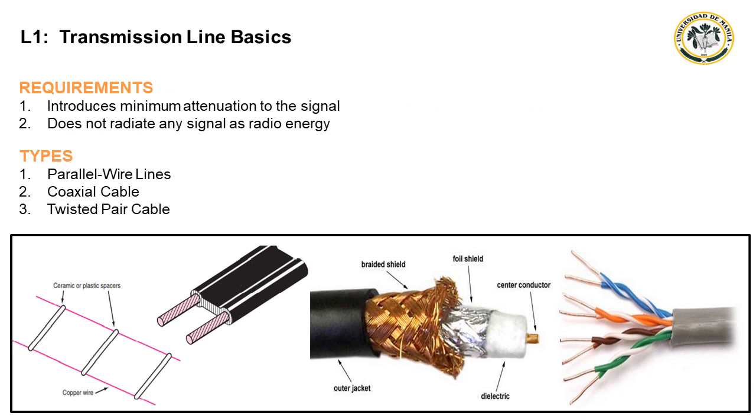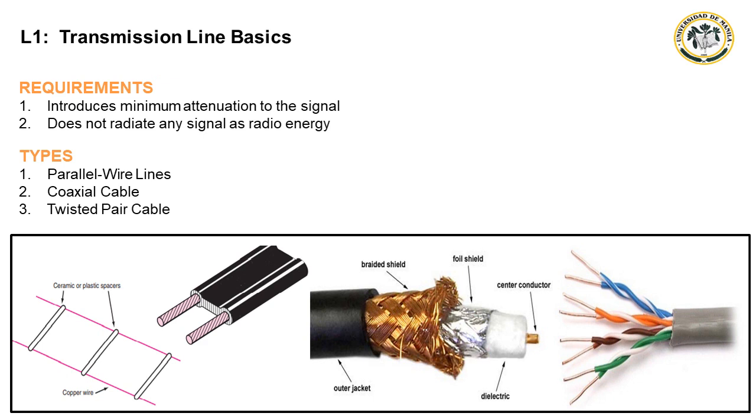The two primary requirements of a transmission line are that, first, the line introduces minimum attenuation to the signal, and two, the line does not radiate any of the signal as radio energy. All transmission lines and connectors are designed with these requirements in mind. Shown are the common types of transmission lines.